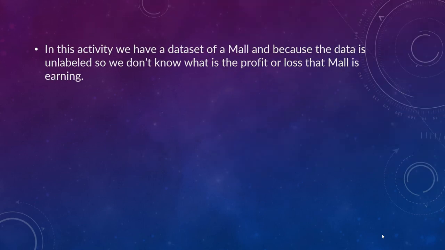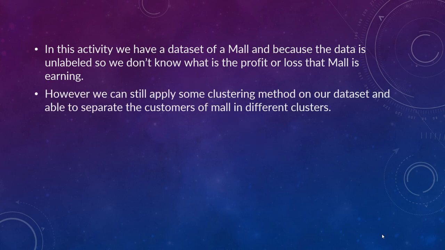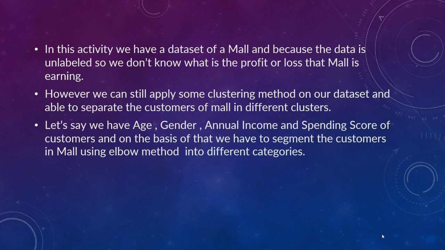The activity. In this activity, we have a data set of a mall, and because that data is unlabeled, we don't know what is the profit or the loss that the mall is earning. However, we can still apply some clustering method on our data set and be able to separate the customers of the mall into different clusters.